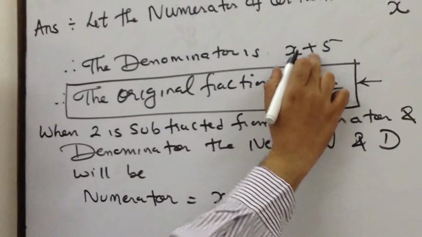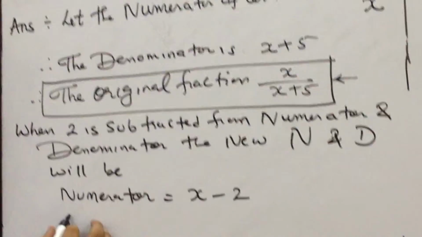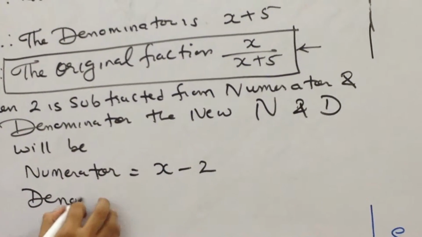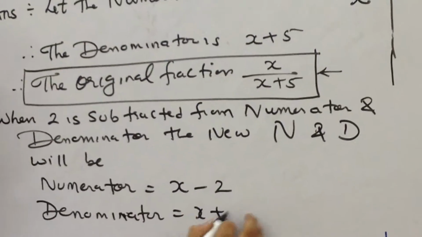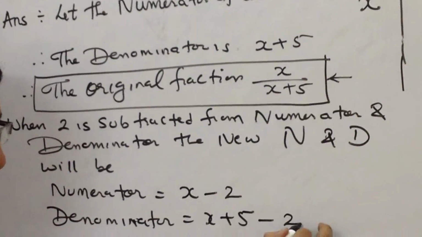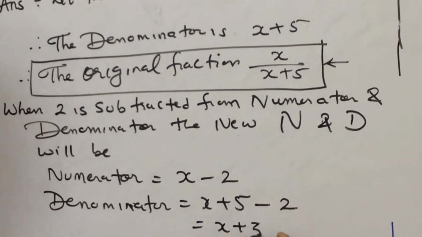The denominator was initially x plus 5, I subtract 2 from it, so the answer is x plus 3.